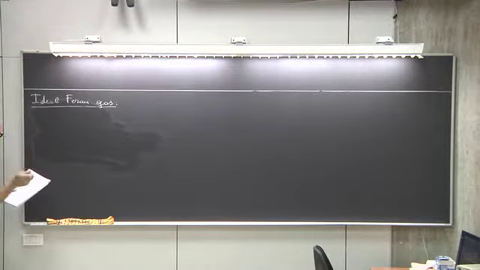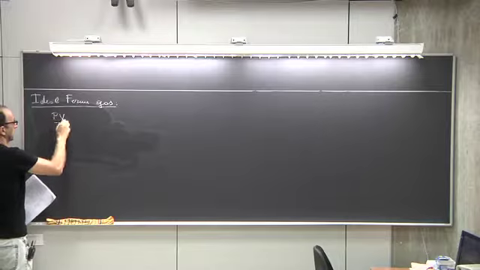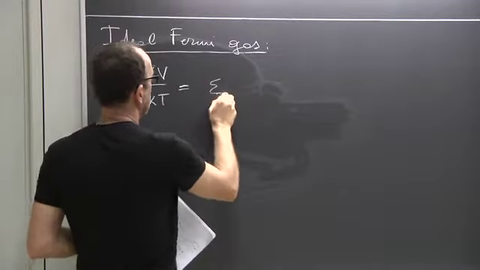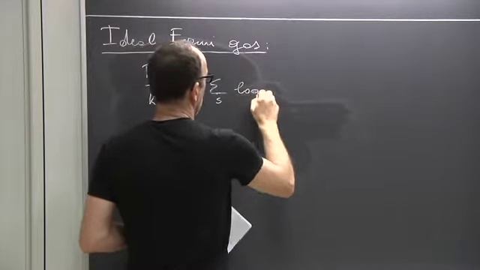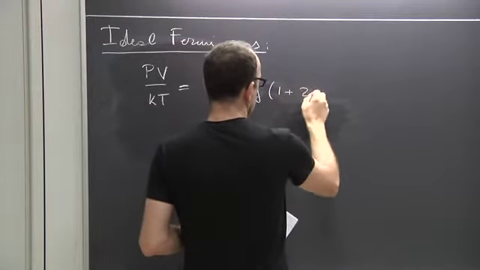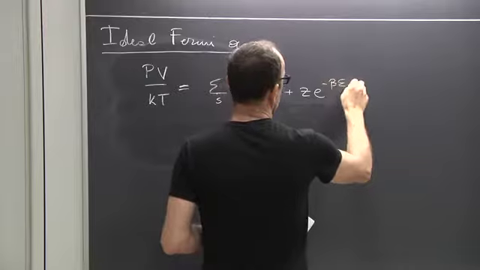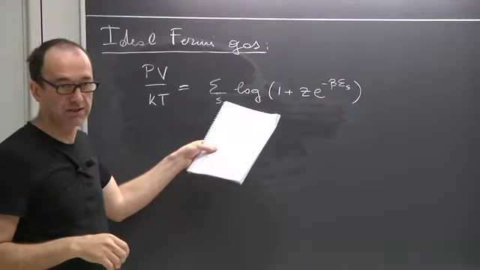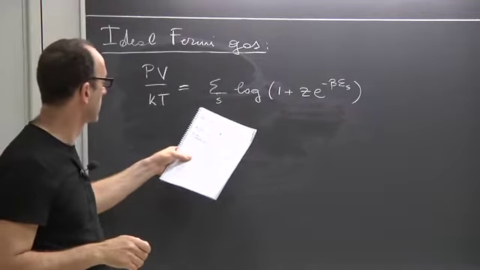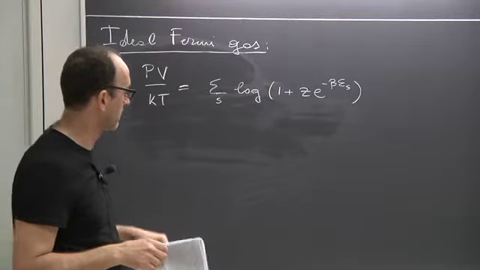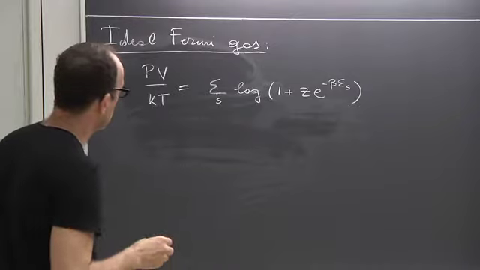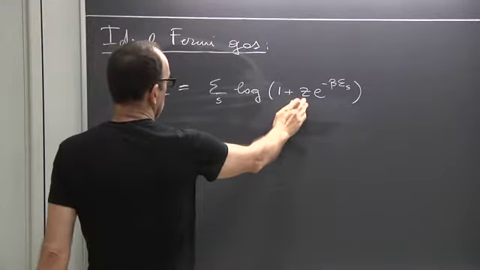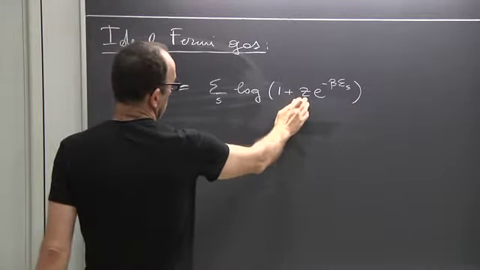Fermi gas can be derived by the grand canonical partition function, which is given by a sum over all the states of the log of 1 plus z e to the minus beta times the energy of the state S. Okay, so these are sums over the single particle states, and this is the grand canonical partition function, so it's a function of the fugacity.